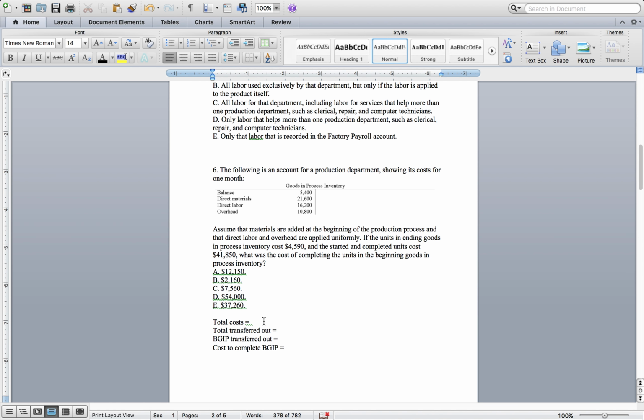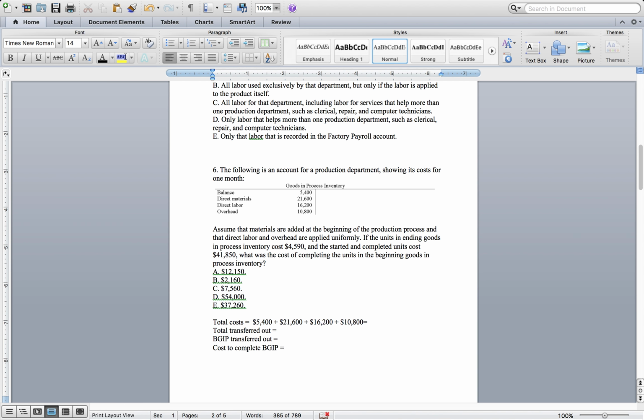Well, first and foremost, you want to add up the costs. So let's start with the $5,400. Then you want to add the $21,600. You also want to add the $16,200. The last thing you want to add is the overhead, which is $10,800.